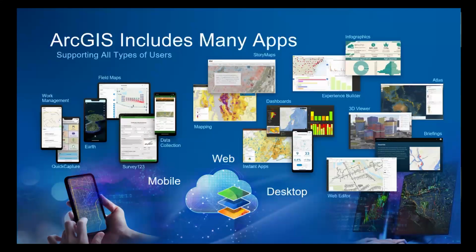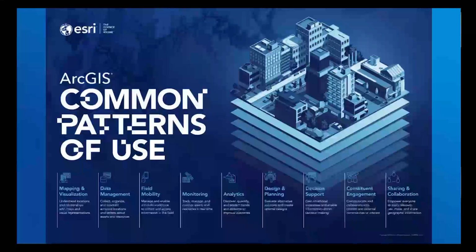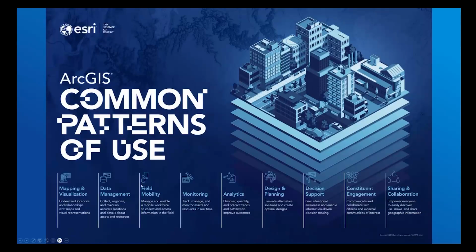One way to cut through the fact that we have a lot of apps, all purpose-built for certain patterns of use, is this. Obviously, today we're here to talk about field mobility, and we'll talk about that. But it's important to note that many of the applications Esri builds live in ArcGIS Online, which is where we're going to be demoing out of today, and which is our SaaS offering.